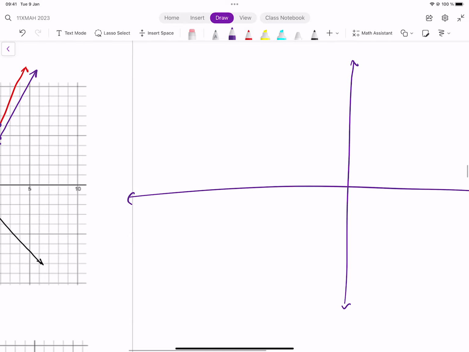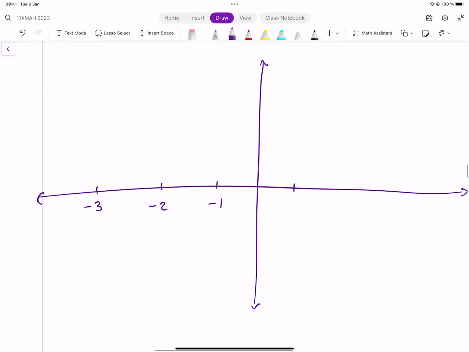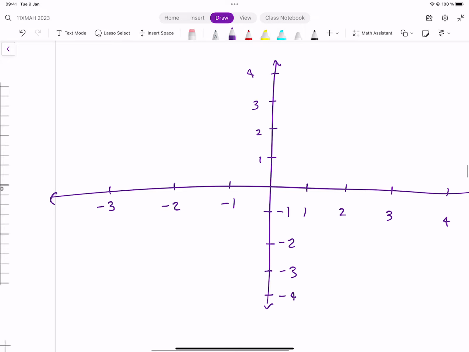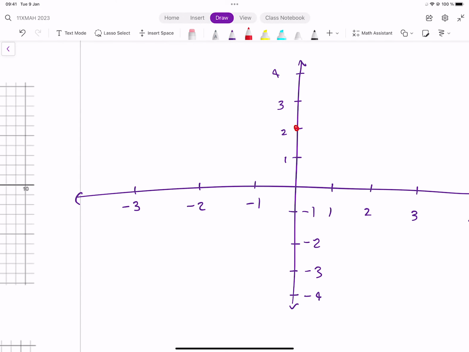So 3x plus 2, so I might go over here, minus 1, minus 2, minus 3, and 1, 2, 3, 4. That graph was probably too small to do that question, so it wasn't very clear what was happening. So let's graph again, 3x plus 2. So I'm going to have 2, and then minus 2/3 is going to be there.